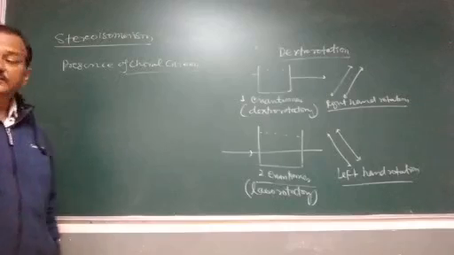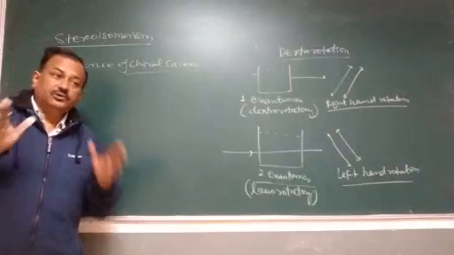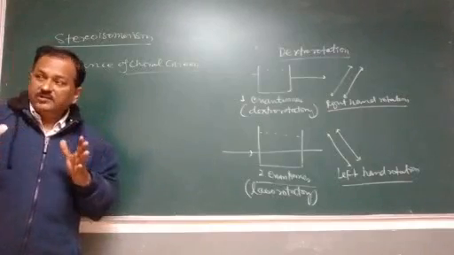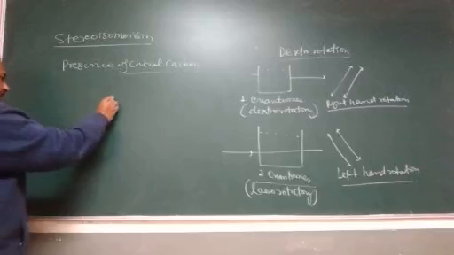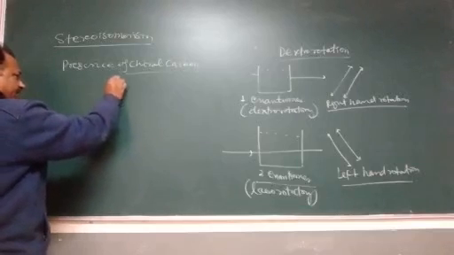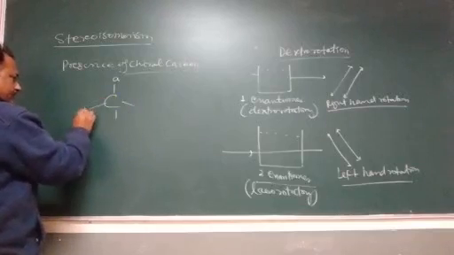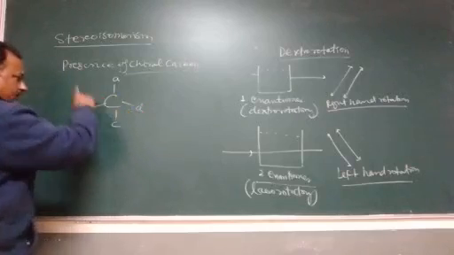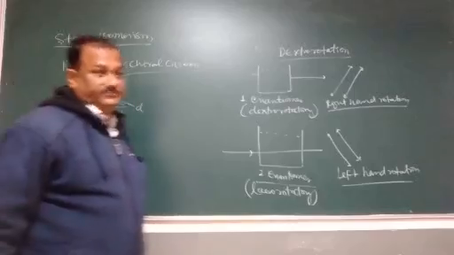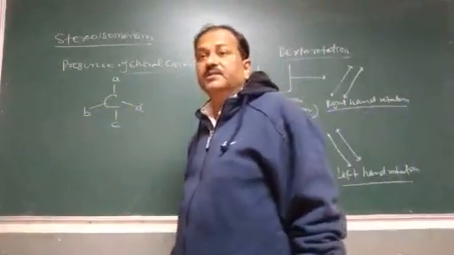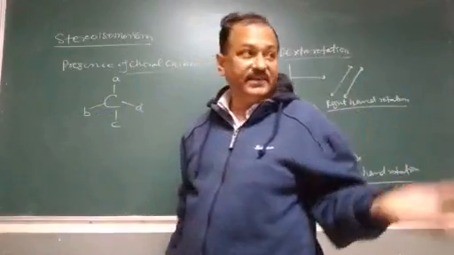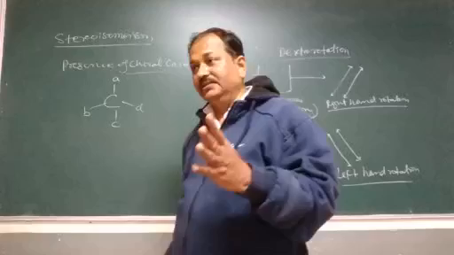A chiral carbon is a carbon in which all the groups or atoms present are different. For example, here all four groups are different. And as a result, it is the condition of chirality.